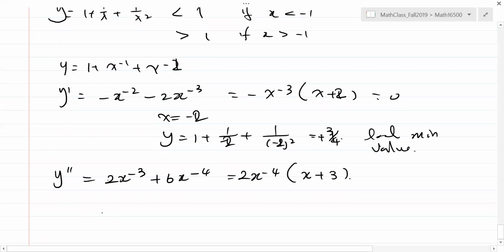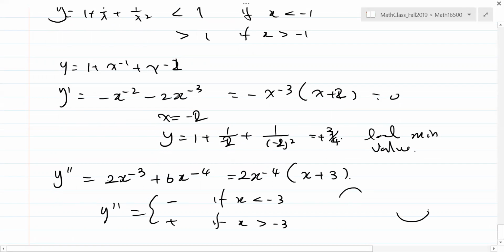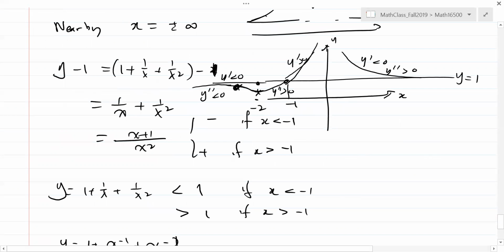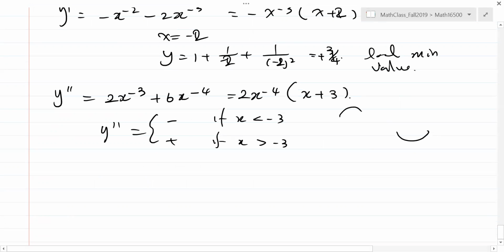Clearly this will be negative if x is less than -3, positive if x is greater than -3. So that's concave down, that's concave up. Look at the picture over here. Yeah, concave down, concave up.